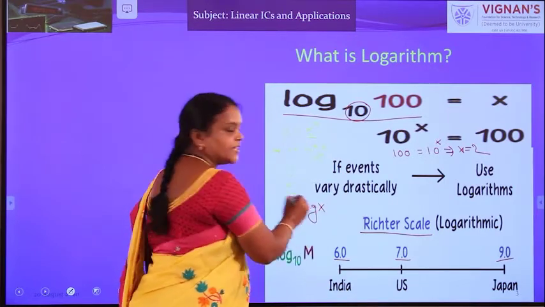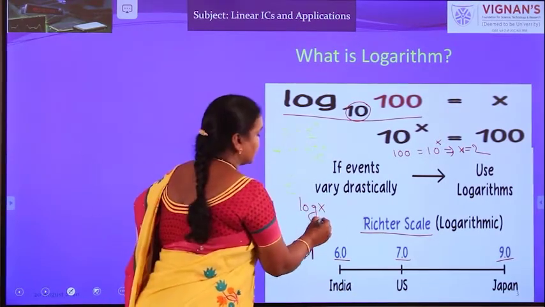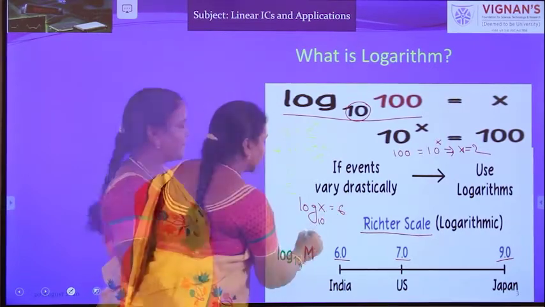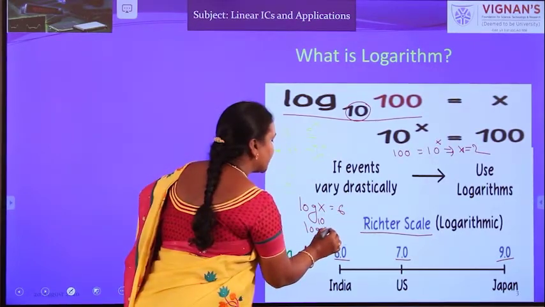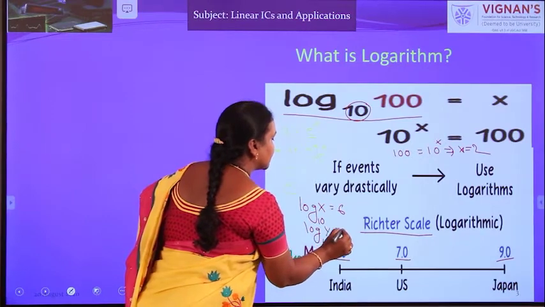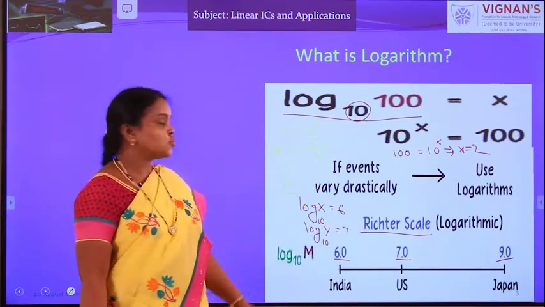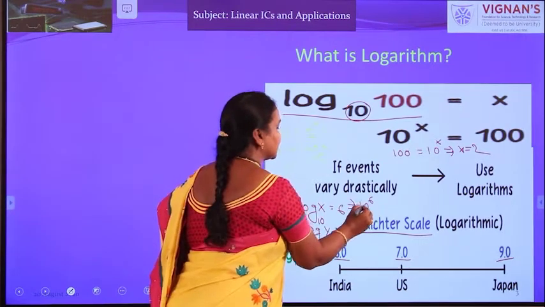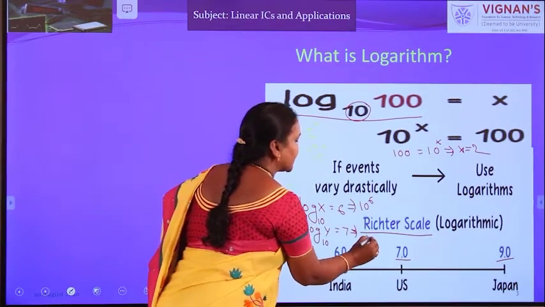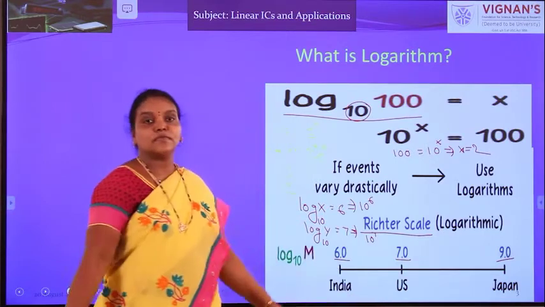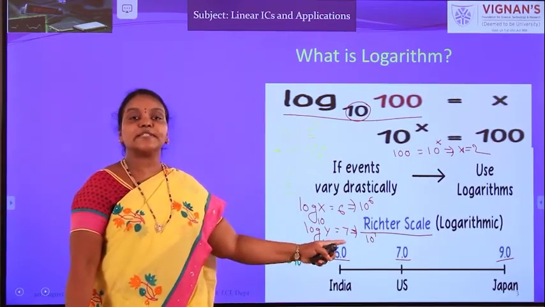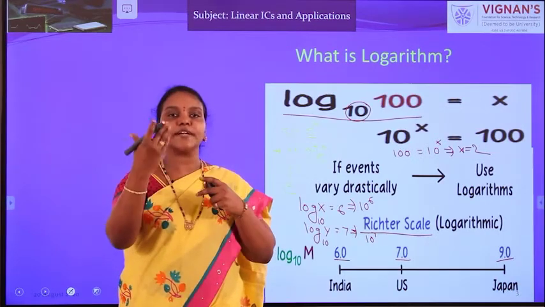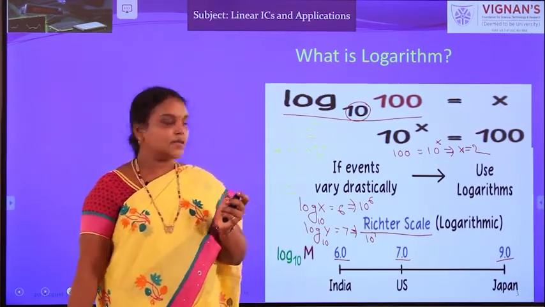This is the actual intensity x, equal to 6 in India. Suppose in the US, let it be y, it is 7. So what is x here? It is 10 power 6 here, and here it is 10 power 7. So 10 power 6 and 10 power 7 means the intensity of the US earthquake is 10 times greater than India's earthquake.